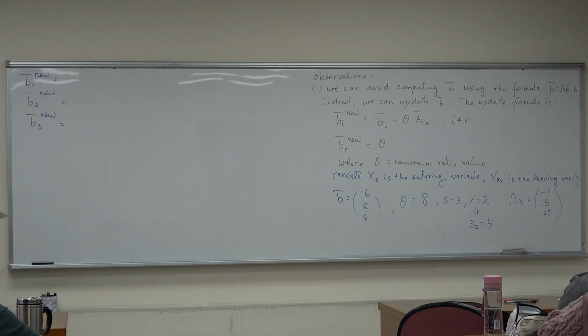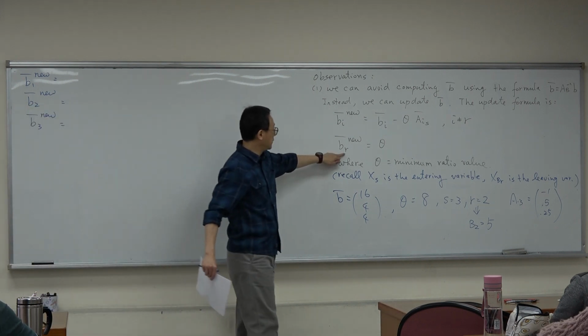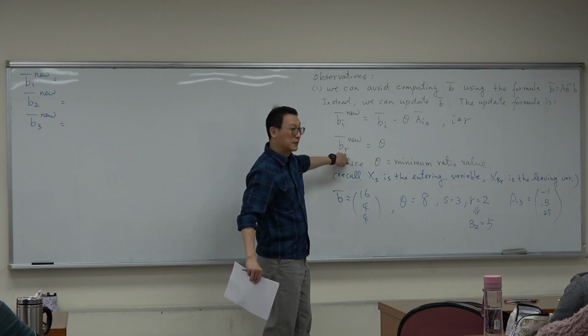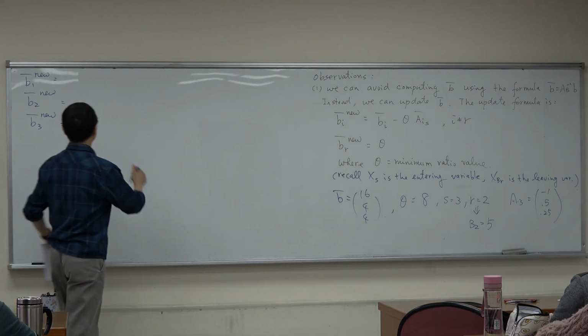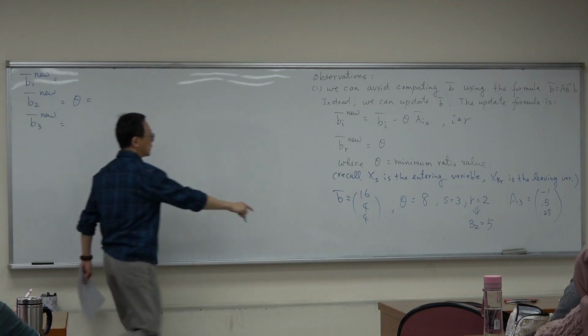The B2 new is 8. Here B2 new, actually B2 is our R, right? It's the minimum ratio. And we already know the minimum ratio is 8.